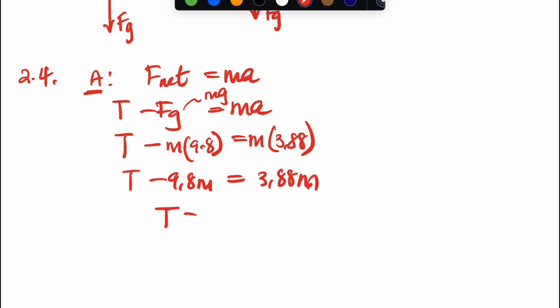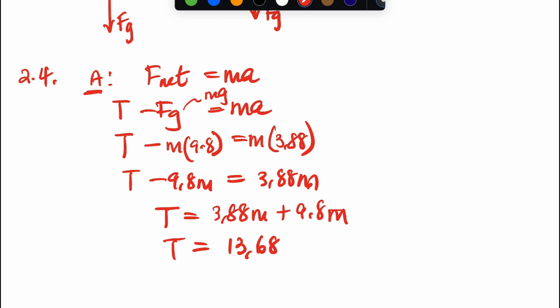So T is equal to 3.88 m plus 9.8 m, which is when we punch that in the calculator, 3.88 plus 9.8, it gives us T is equal to 13.68 m. We'll make that equation 1.